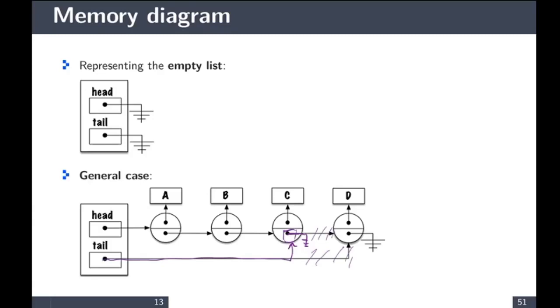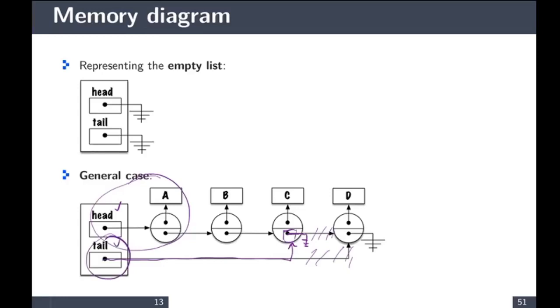In order to add or remove something at the front of the data structure, what's useful is to have an instance variable head pointing at the first element. In order to add at the rear of this list, at the tail of this list, what's useful is to have an instance variable tail.